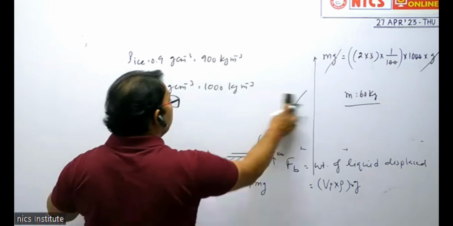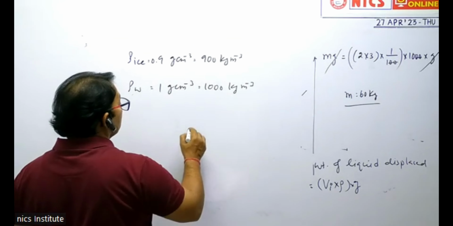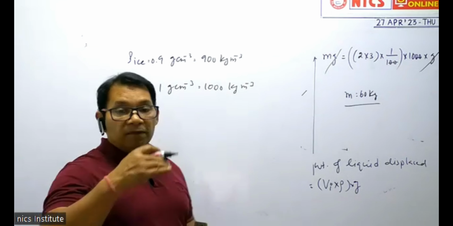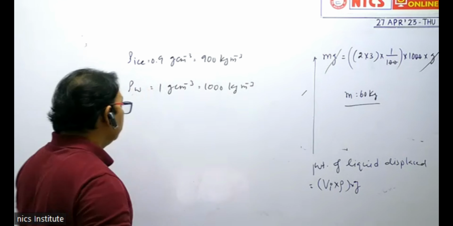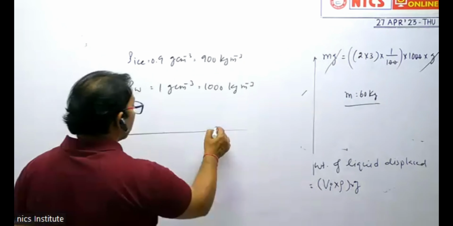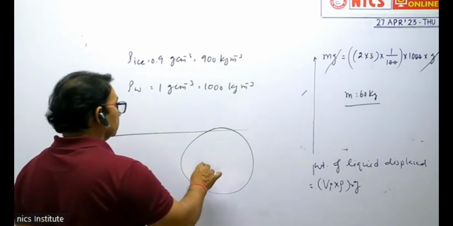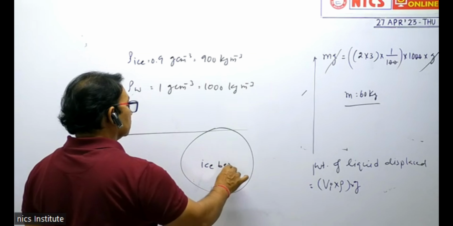So that is why when you have an ice cube inside a glass, some part of the ice is above the level of water. In fact, 1/9. That is why we say tip of the iceberg. You must have heard the phrase tip of the iceberg. This is an iceberg.